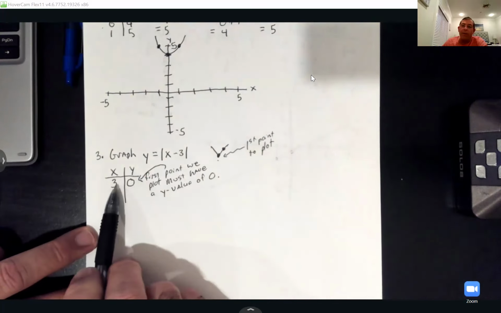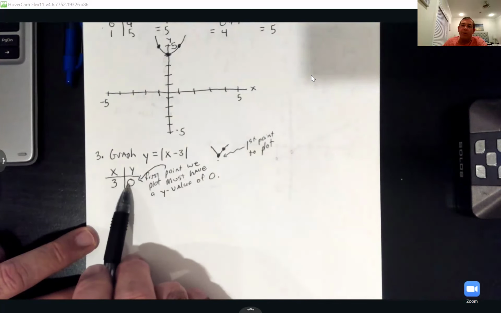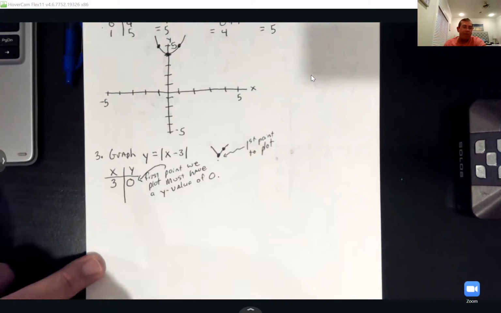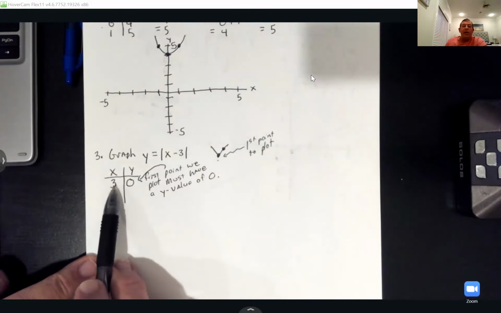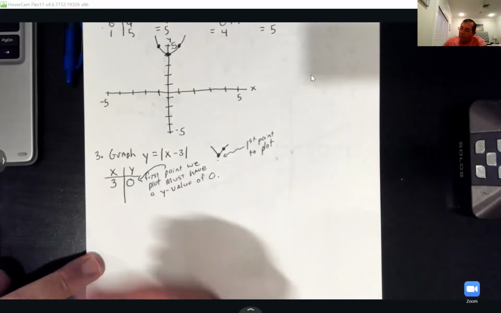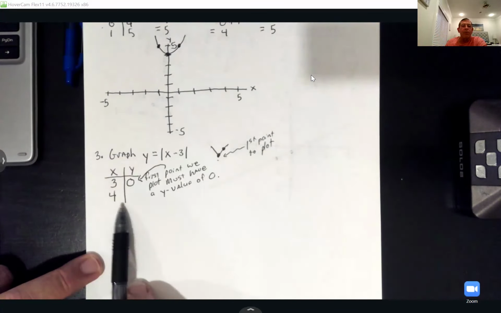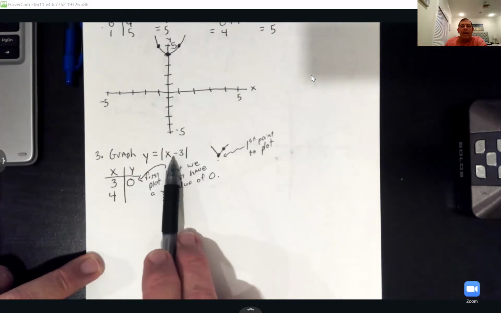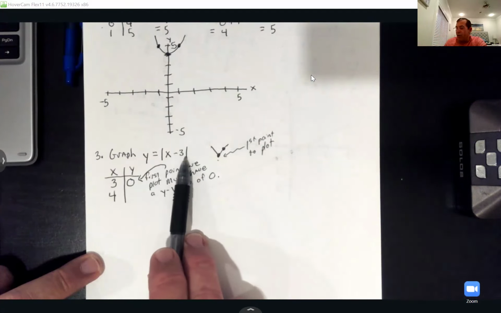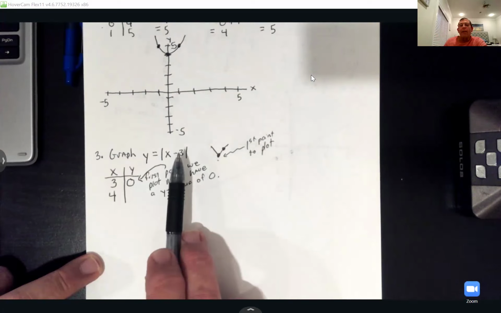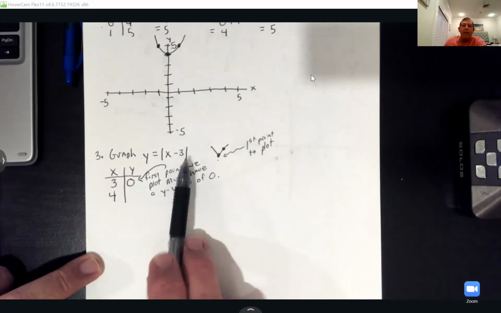Okay, if your first point that you plot in MathLab don't have a 0 for the y, it's going to be the wrong graph, y'all. All right, so now I got 3 here. I'm just going to pick a number next to 3. And how about a 4? I'll use a 4 here. Inside the bars, 4 minus 3 is 1. Absolute value 1 is 1.